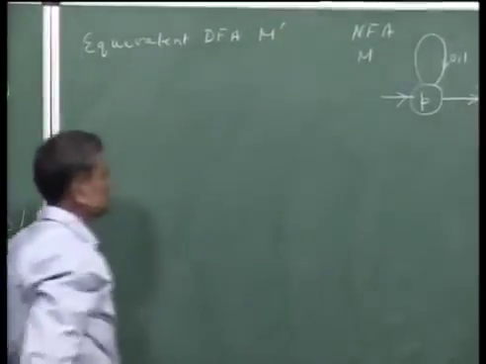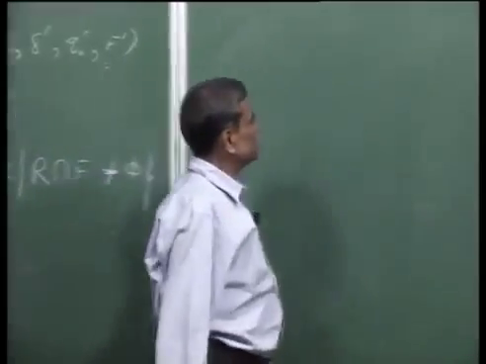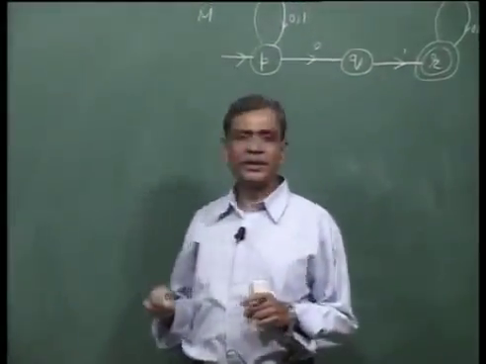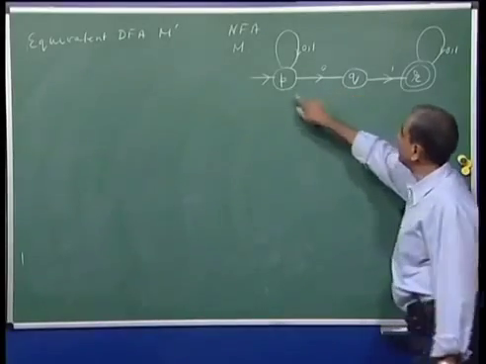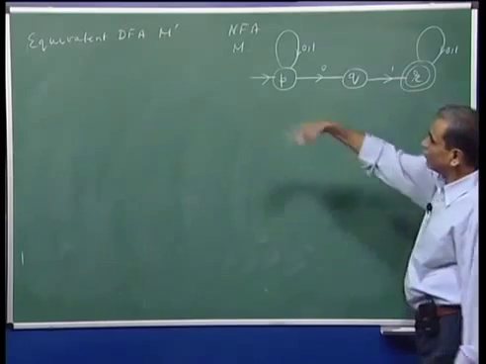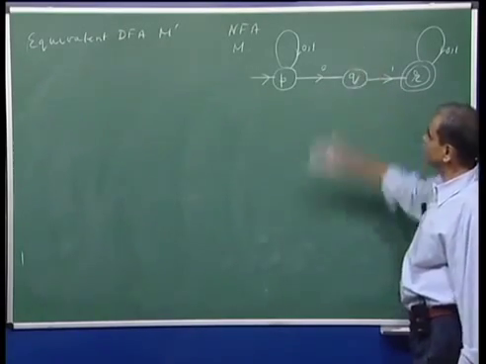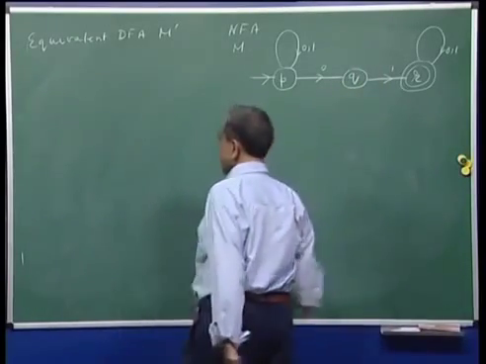M dash. Now we described of course in detail what the set of states etc. will be, but given such a problem, instead of trying to first see this NFA has 3 states, and if you follow blindly what we said, you will start out with 8 states, 2 to the power 3 is 8.